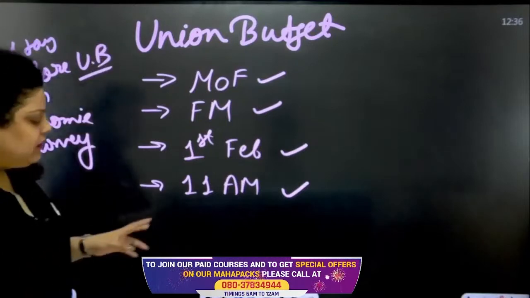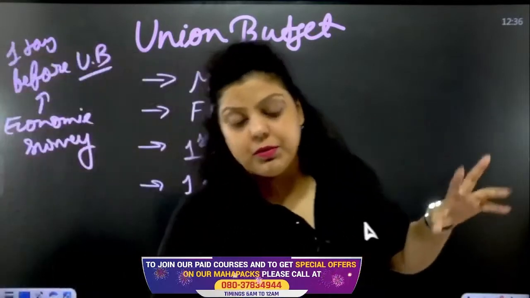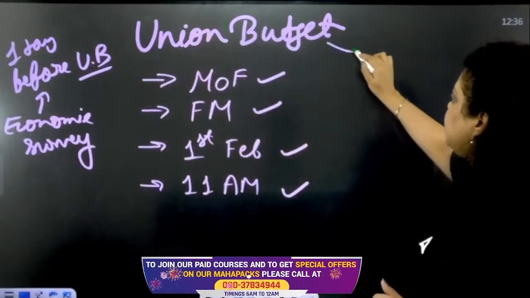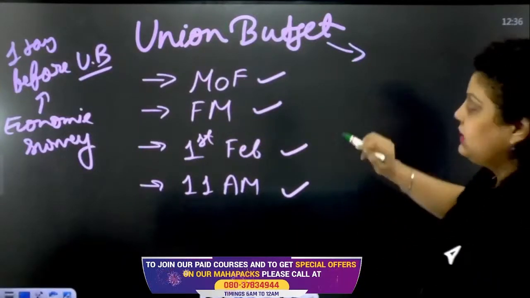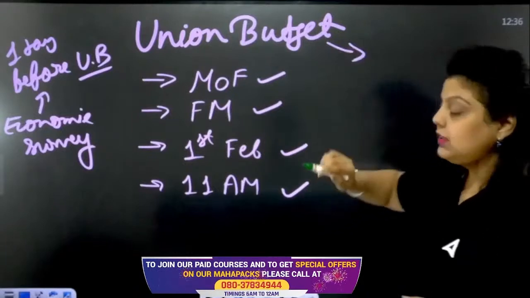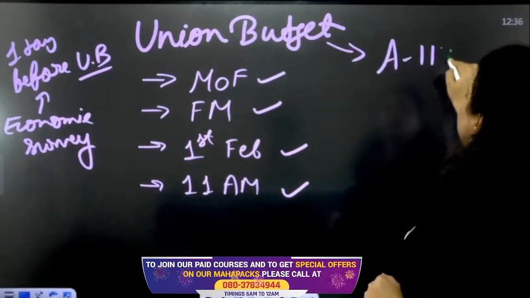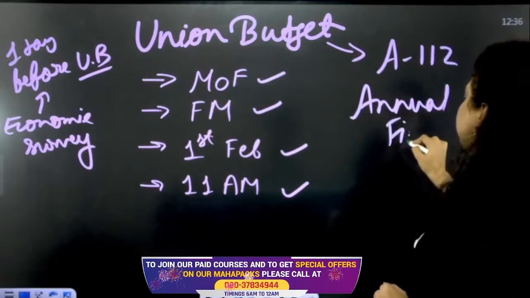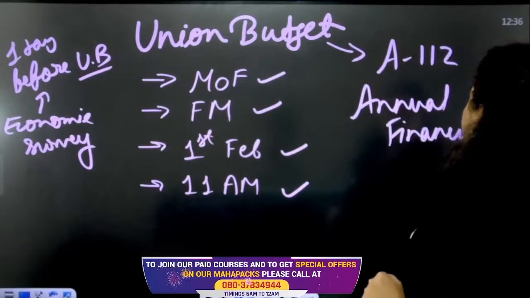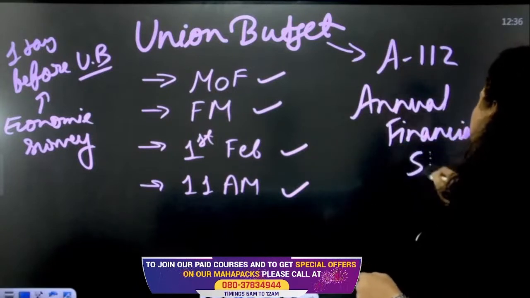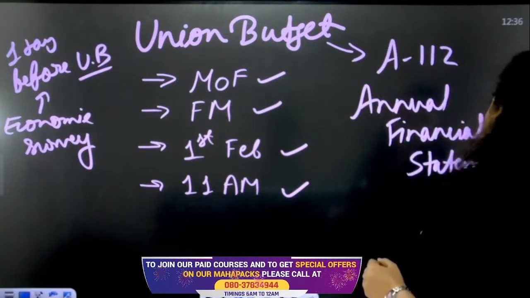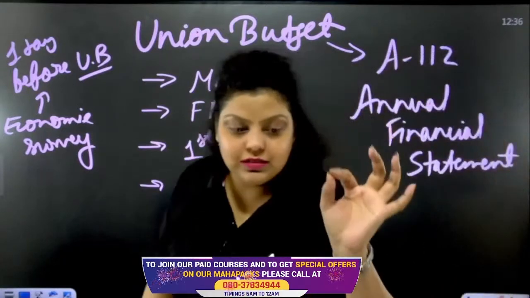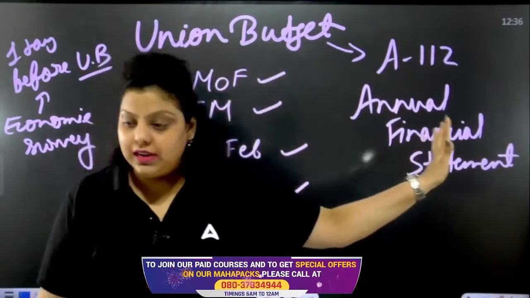Now I have discussed what the union budget is and when it will be prepared. One more important thing: our constitution doesn't use the word budget. In Article 112 they have used the term annual financial statement. So the annual financial statement is defined under our constitution in Article 112.